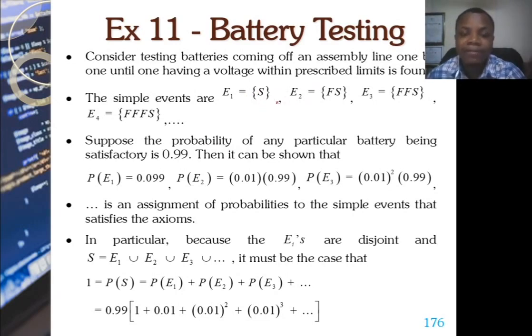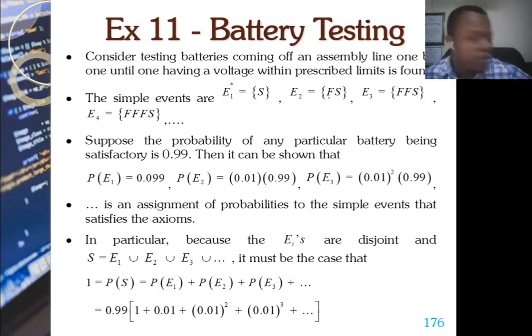But if the battery under consideration at a particular point on the assembly line happens to be beneath that prescribed limit, then we term this F, meaning failure.